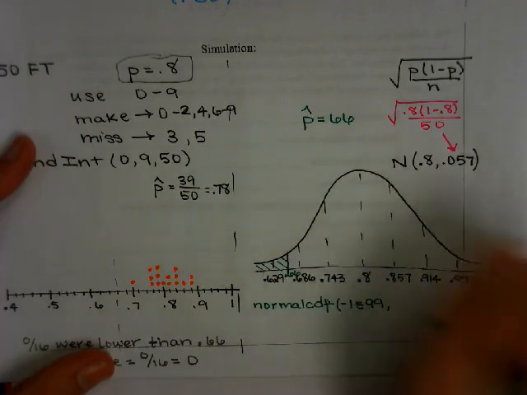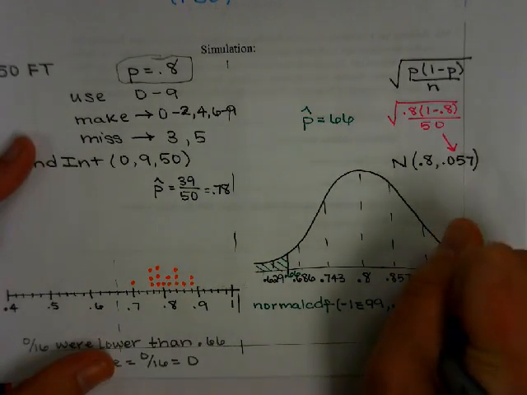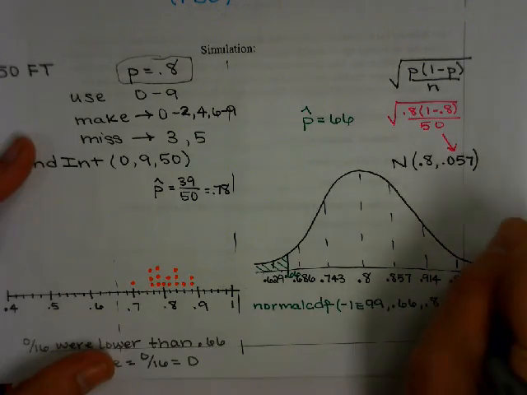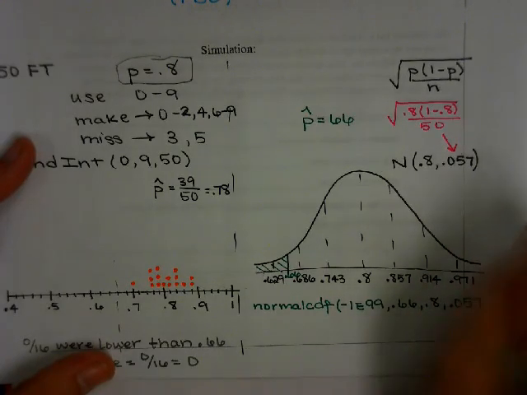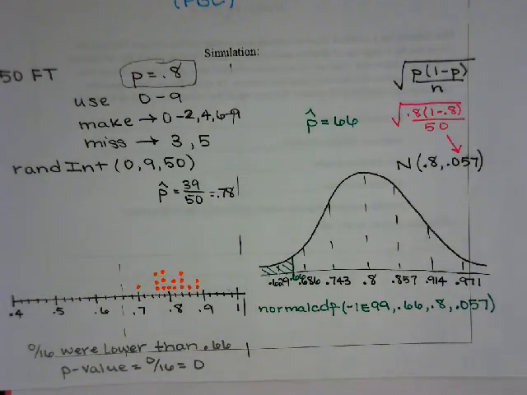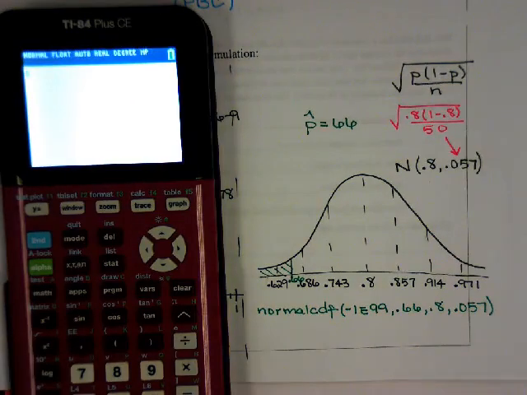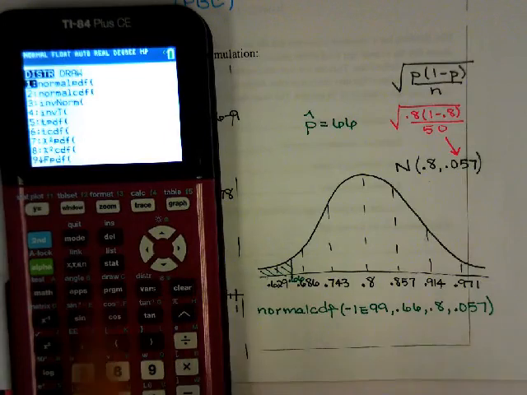And then we're going to find the probability that she got 0.66 of her free throws made or less purely by chance. So normal CDF, remember, is second VARS, number 2. And when I put that in, I get 0.007.